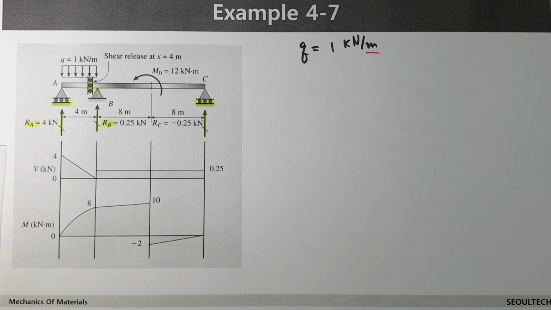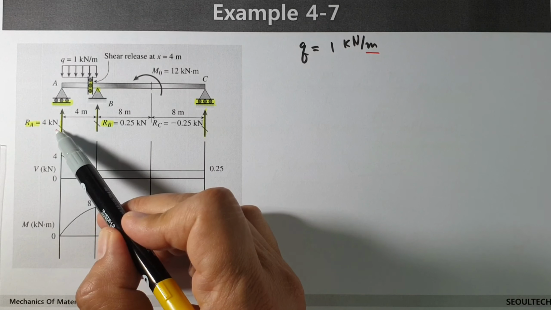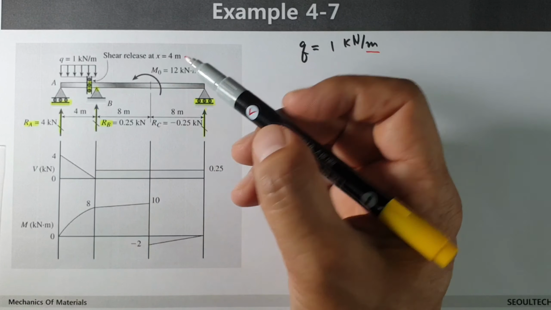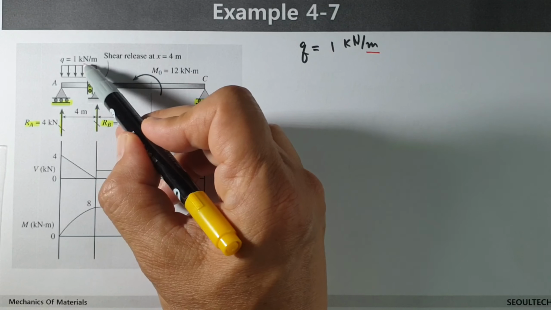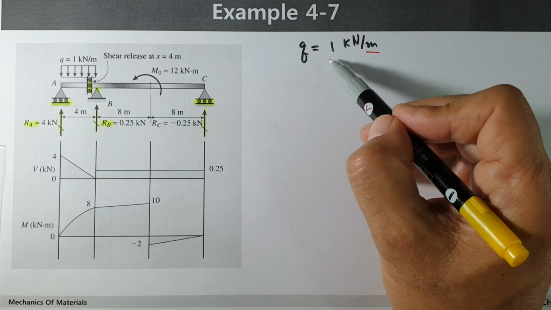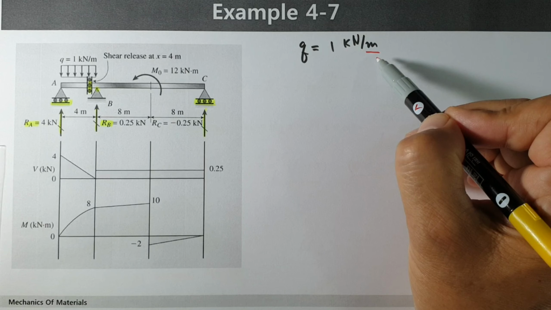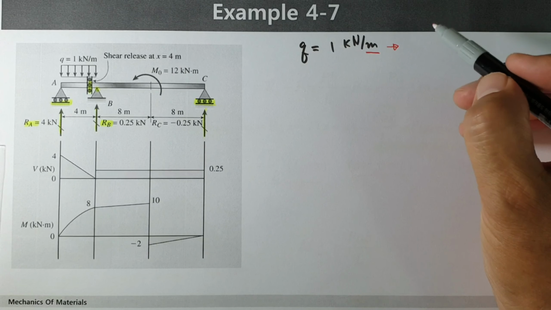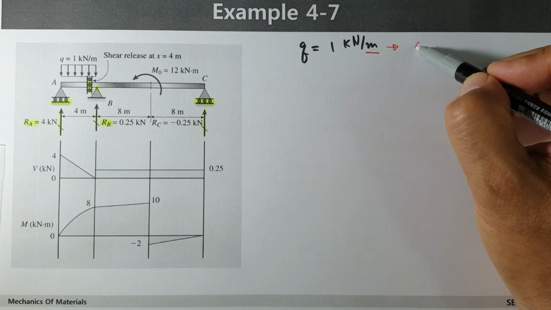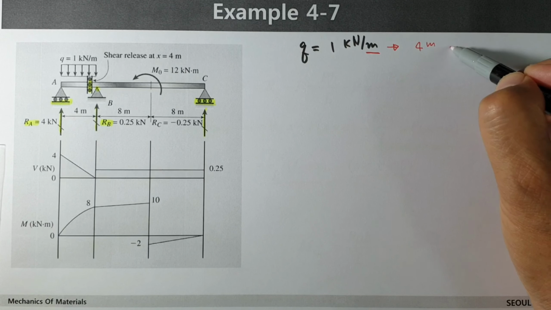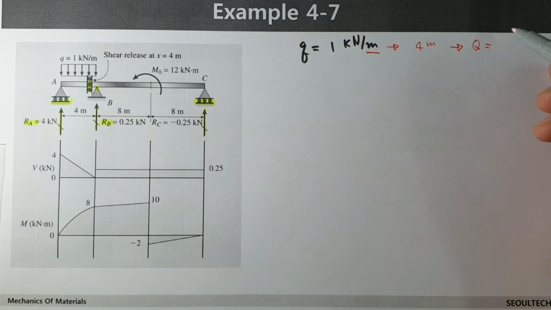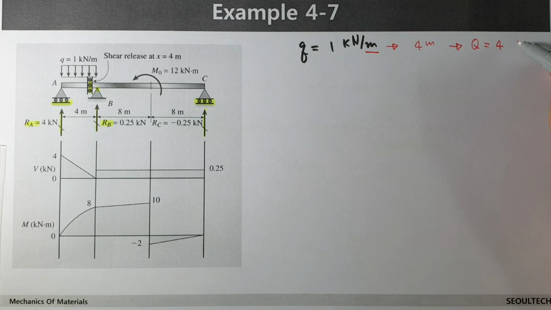When you consider the RA value on the left side, here shear force is free. That's why, Q is the distributed load, and the loaded length is 4 meters. That's why the total equivalent concentrated force is 4 kilonewton.